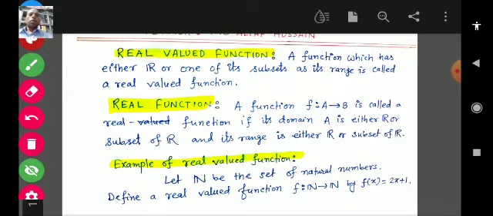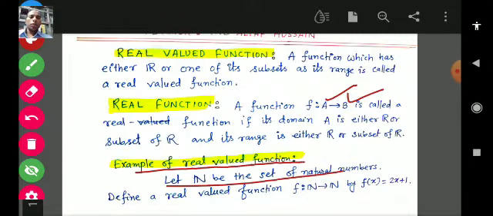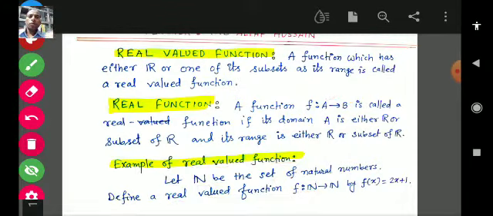So our A and B both are subsets of the real numbers, so this function is called a real valued function or real function. This one also will be a real function.